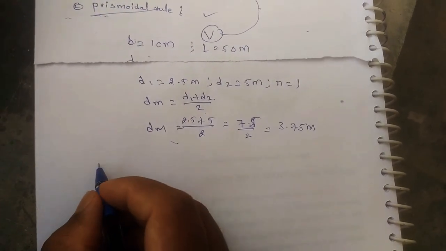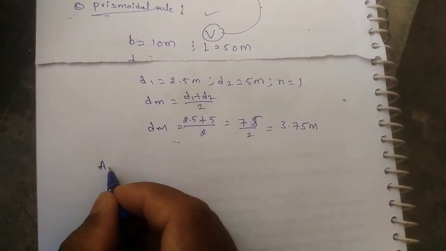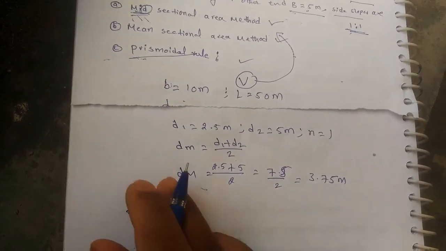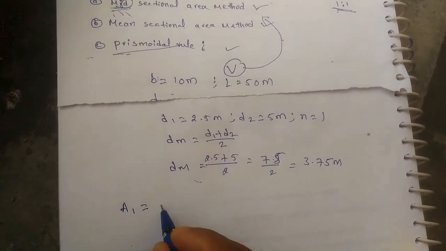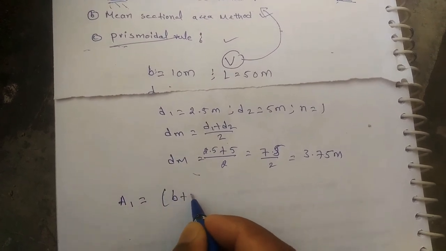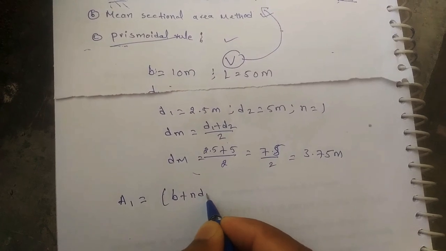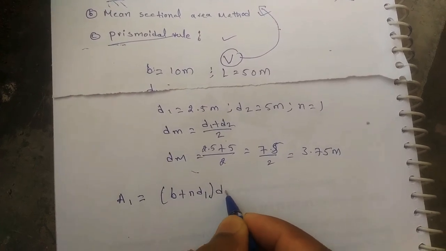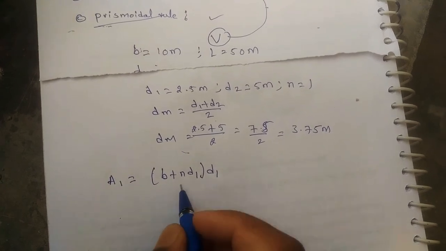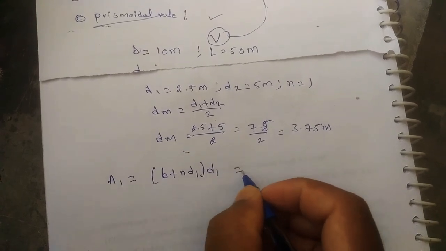So first of all calculate A1. A1 is nothing but, what is the area formula for a trapezoidal section? Area is nothing but (B plus n into D1) into D1. What is B?